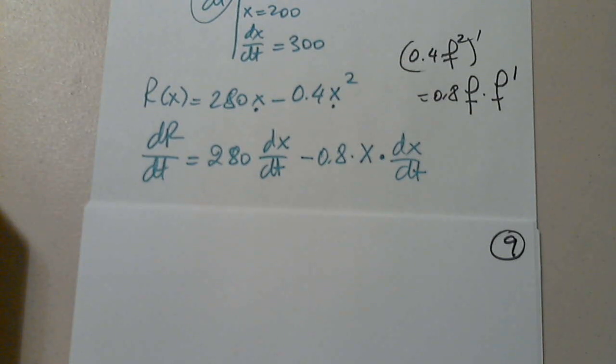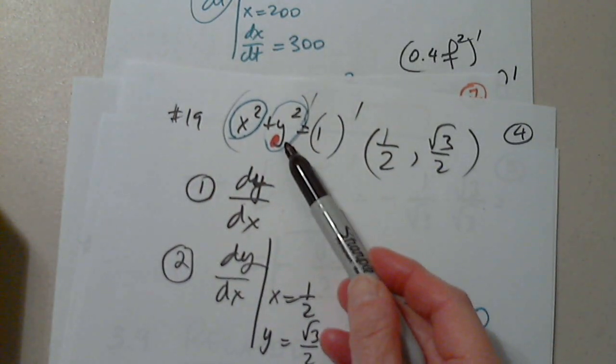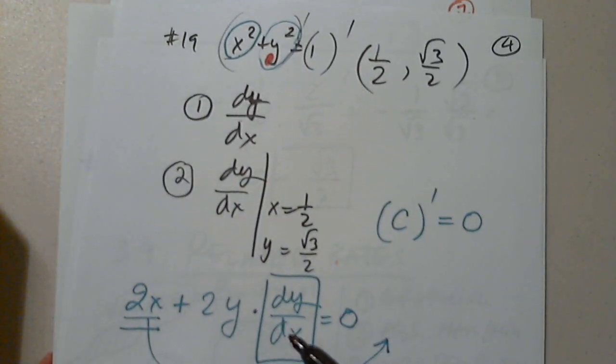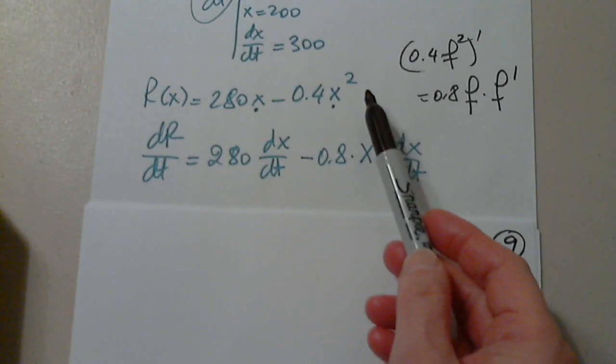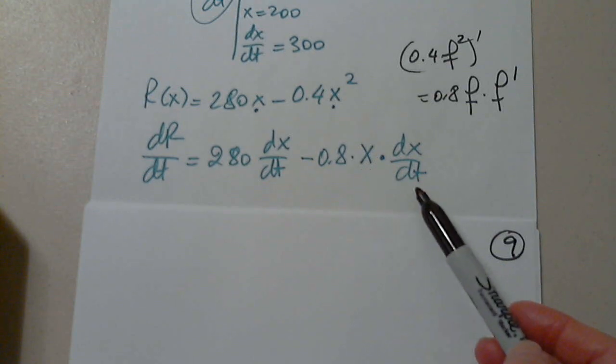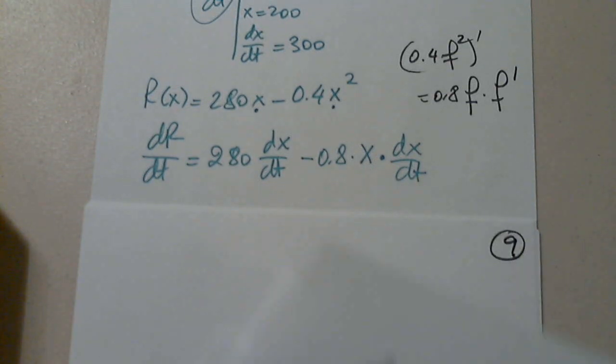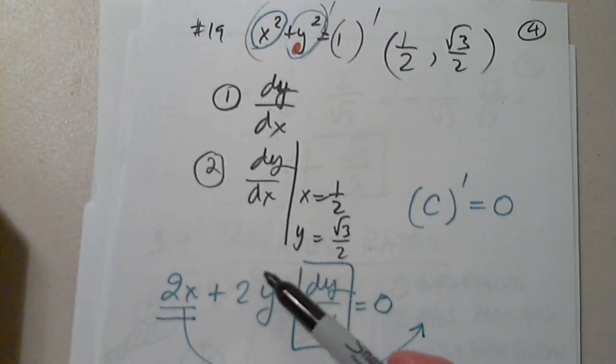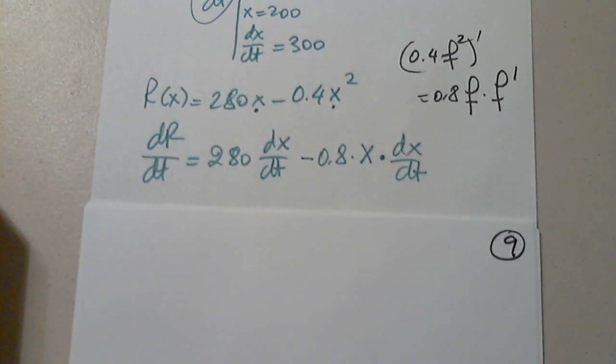Exactly how we differentiated a few minutes ago, y squared: 2y times dy over dx. 0.8 x dx over dt. It's the same formula. Is that okay? Everyone, please ask. Yes, I think it's okay.